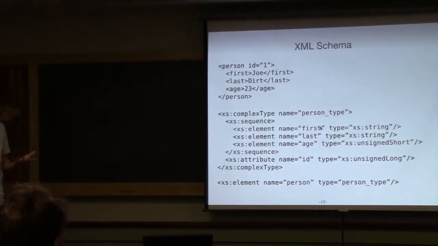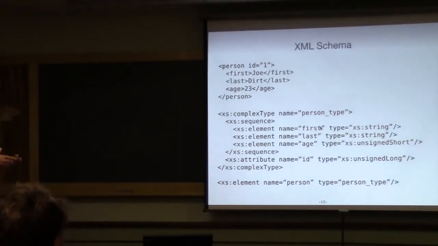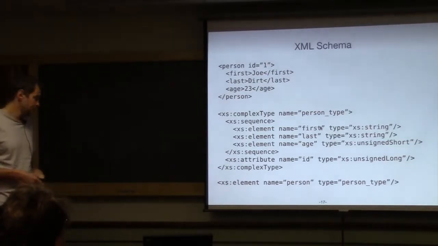That is XML vocabulary. We basically specialized XML for our needs, while the schema is a formal definition of this vocabulary. So we basically describe that there is a root element called person, and that it will have first name, last name, and age elements and stuff. So schema is a language that allows us to formally describe our vocabulary.